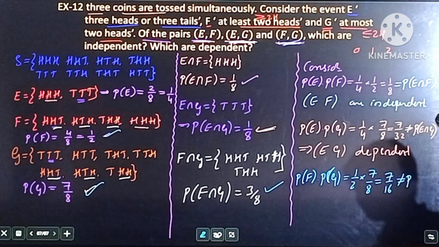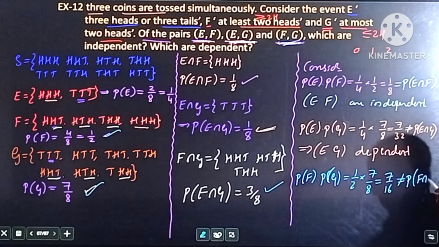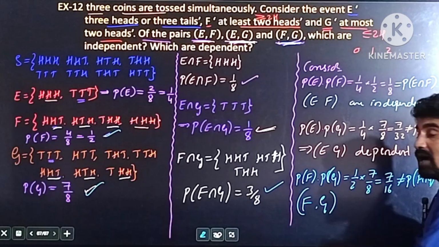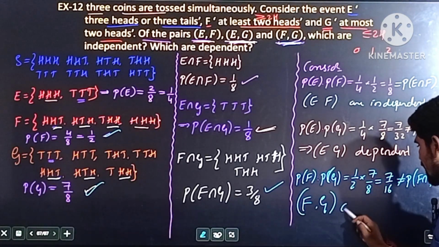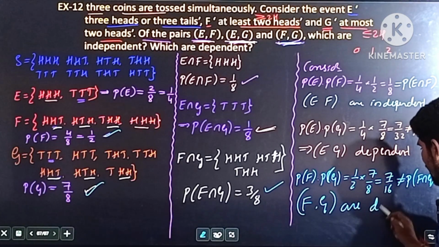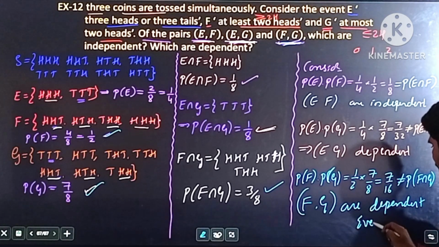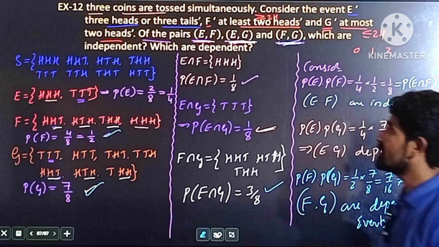It is not equal to probability of F intersection G. It means the events F and G are not independent. It means they are dependent events. I hope all of you understood this question.